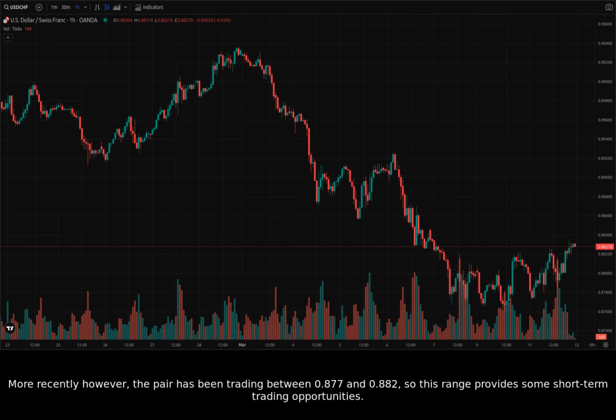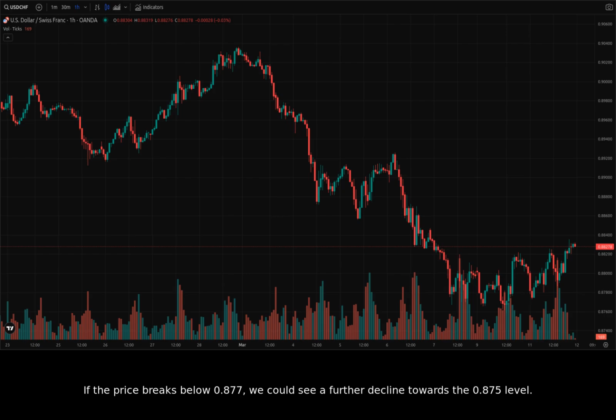More recently, however, the pair has been trading between 0.877 and 0.882, so this range provides some short-term trading opportunities. If the price breaks below 0.877, we could see a further decline towards the 0.875 level. Conversely, a break above 0.882 could signal a potential move towards 0.885.